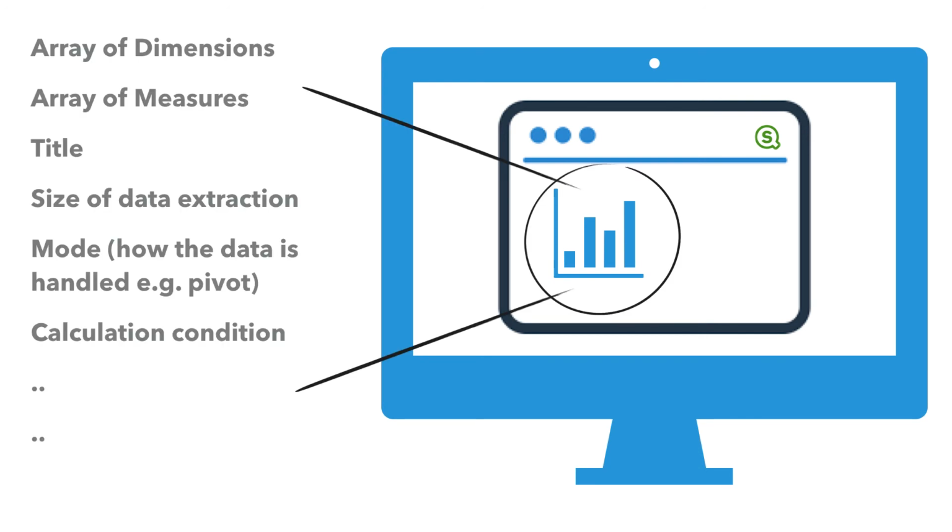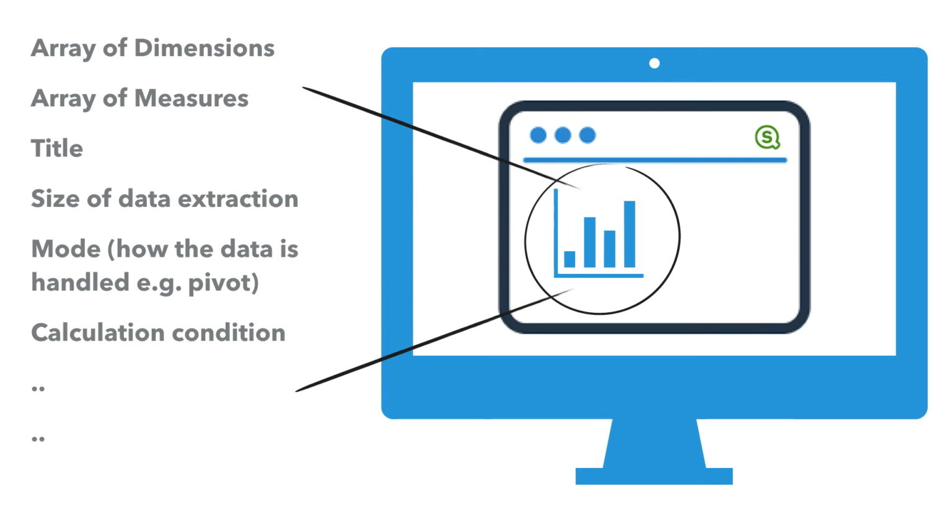So here we have a chart in Qlik Sense, a custom chart. Now behind this chart there is going to be a whole lot of information describing the properties of that chart. So there's going to be an array of dimensions, an array of measures. So effectively the data that the chart is rendering. There's going to be a title.